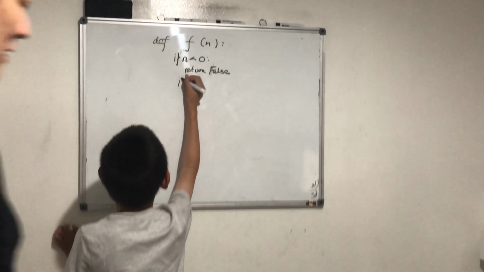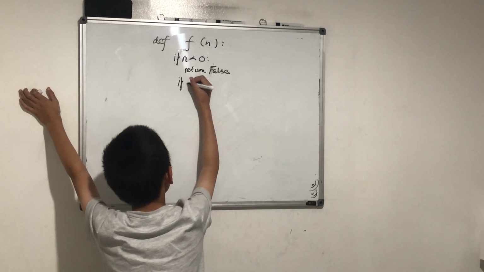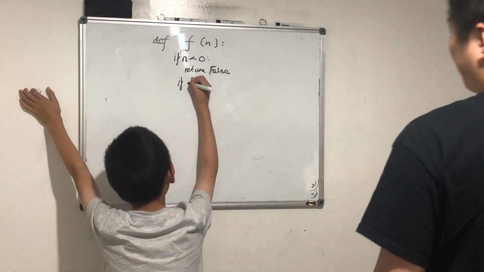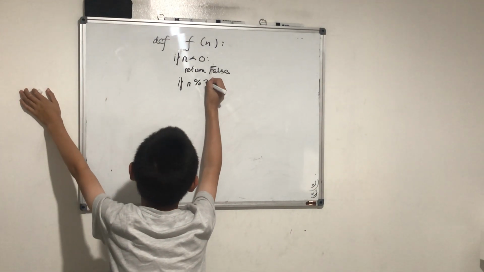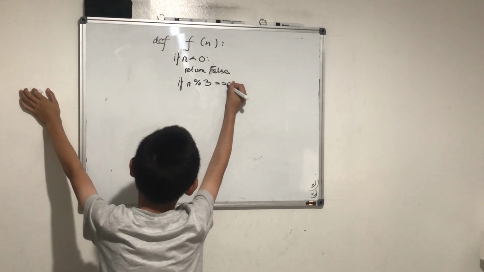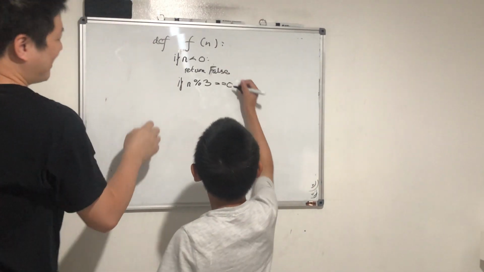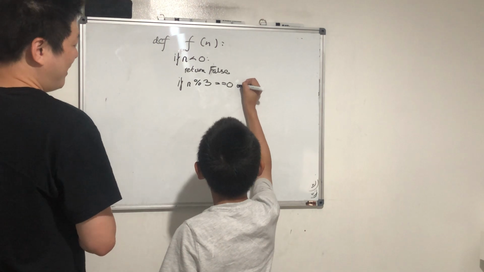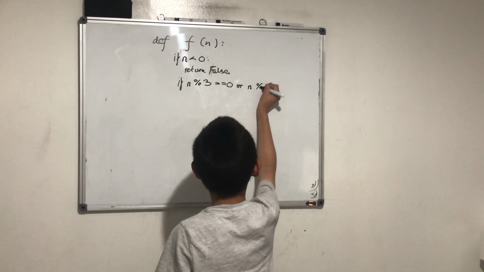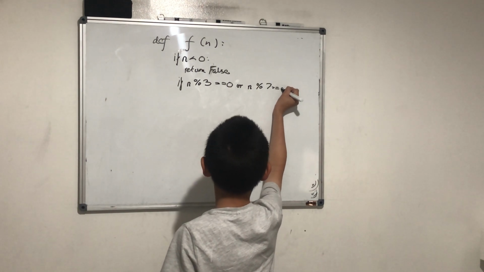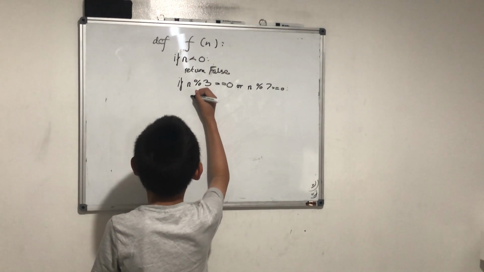If it's more, n modulus 3 equal 0. Or you can put an or here. Or modulo 7. You can write it in the same line. Or n modulus 7 equals 0. Return what? Return true.